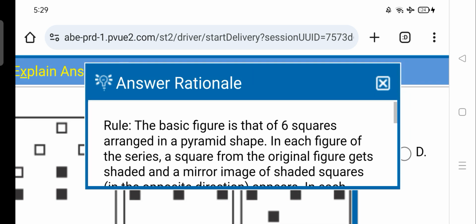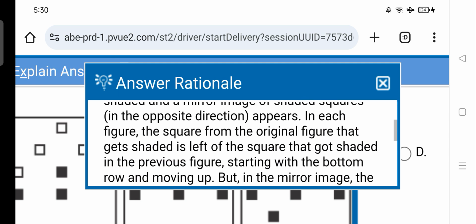So the rule for this question is that the basic figure is that of 6 squares arranged in a pyramid shape. In each figure of the series, a square from the original figure gets shaded, and a mirror image of shaded squares in the opposite direction appears.